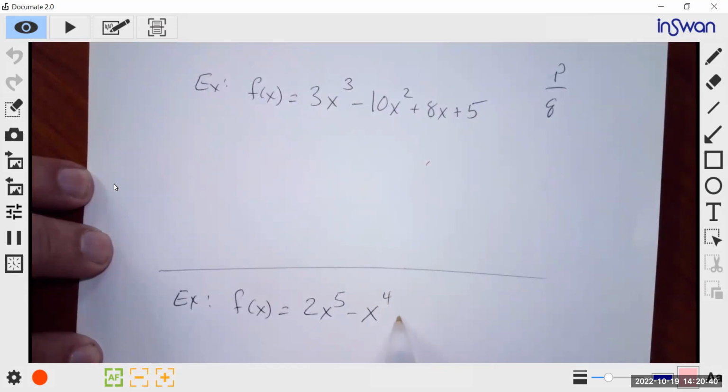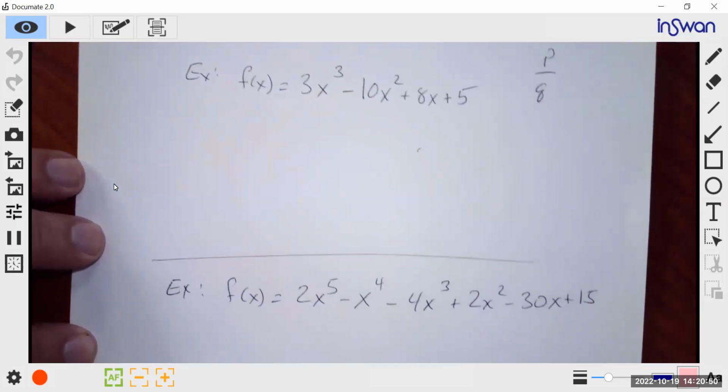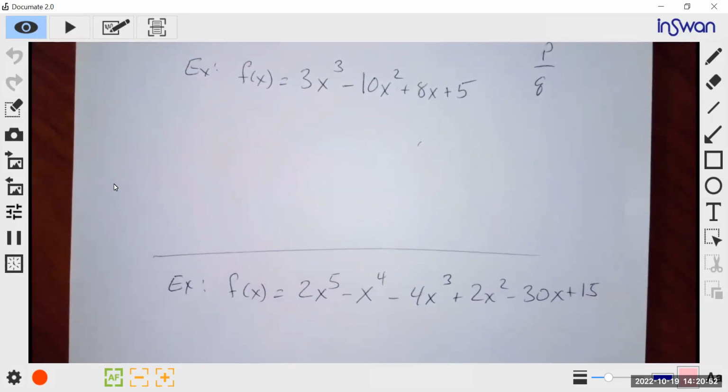Two x to the fifth minus x to the fourth. So tell me the possible rational zeros.